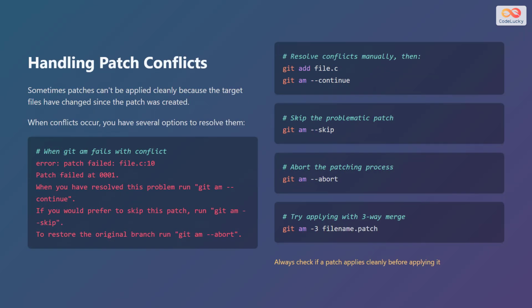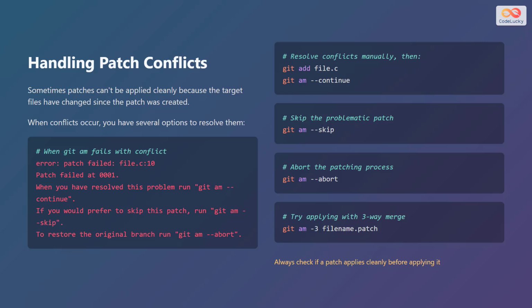Sometimes, patches can't be applied cleanly because the target files have changed since the patch was created. When conflicts occur, there are several options to resolve them. When git am fails with a conflict, you'll see error messages indicating which patch failed. To resolve conflicts manually, edit the conflicted files, then use git add file, followed by git am --continue.